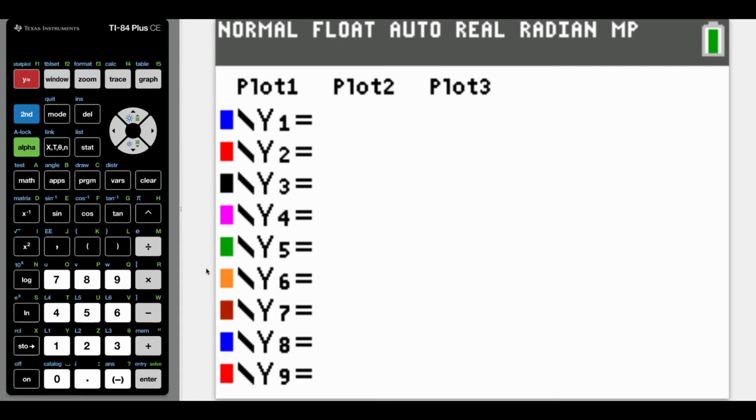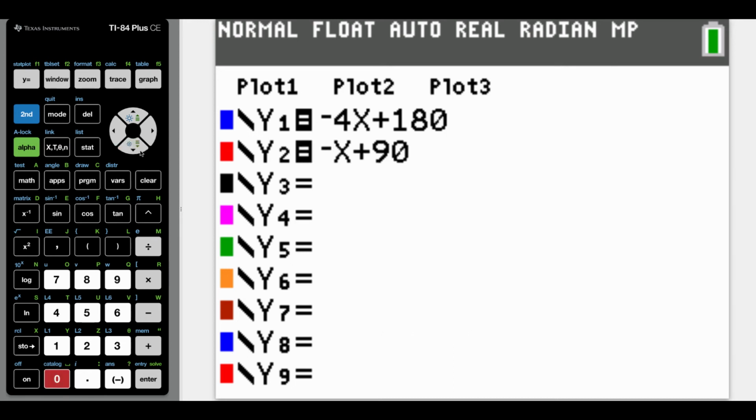Our first inequality was that y is greater than or equal to negative 4x plus 180, so we're going to have negative 4x plus 180. For our second one, we're going to have y equals negative x plus 90. And for our last one, we had negative 2x plus 160.